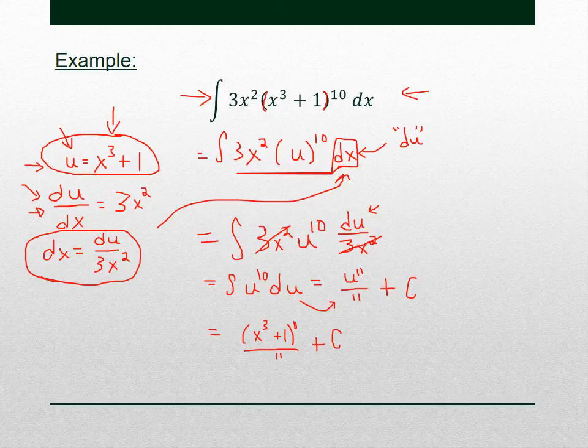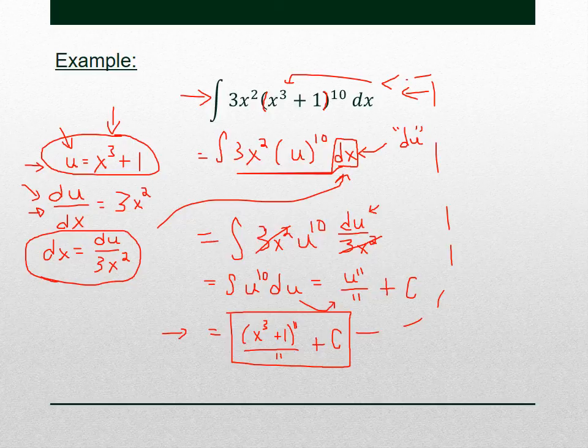One thing to note, just like before in 5.1, is that we can check our answer by taking the derivative. And you'll notice that in order to take the derivative of this answer and work backwards to see if we get this stuff in here, you'll have to use the chain rule. So if you're watching the video, you can pause it for a second, take the derivative of our answer, which I'll box here, and make sure that you get the thing we started with up here.